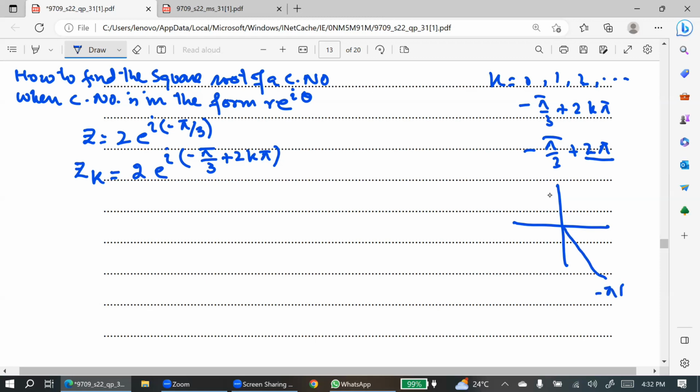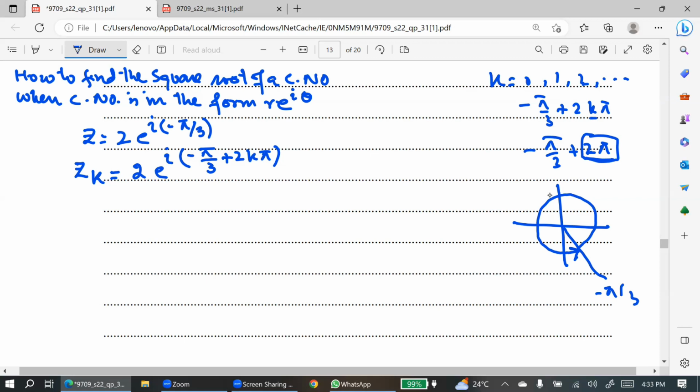When we add 2 pi into this angle, the angle will be at the same position after adding 2 pi. 2 pi is 360 degrees.